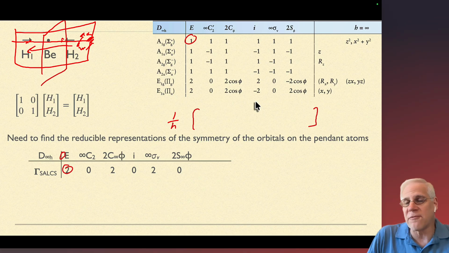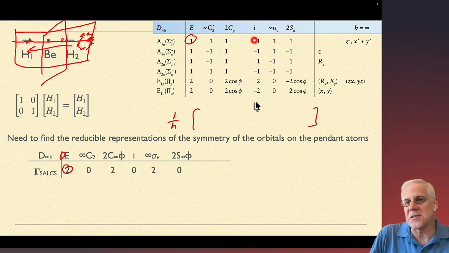And that is to look for 2 or more sets, usually 2 sets of representations here, that add up to my reducible representation here. You almost always have an A1g or a sigma g plus, as we have here.